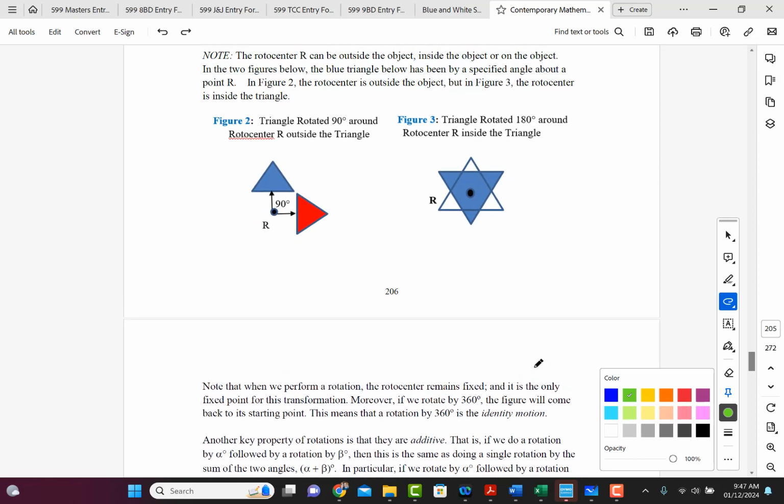So if we look here, if we look at figure 2, the triangle is rotated 90 degrees around rotocenter R outside the triangle. So here's the rotocenter.